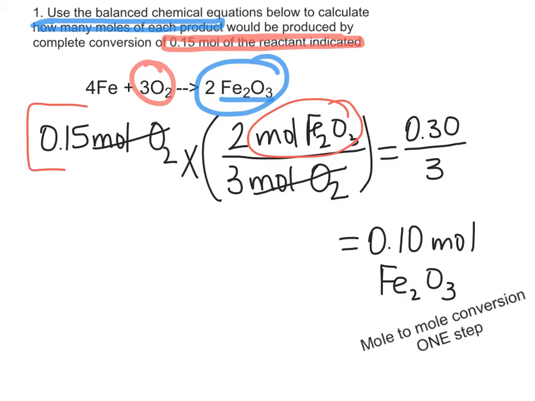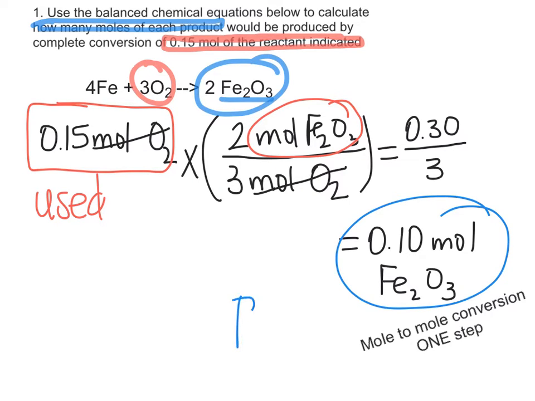Okay, I want to point out something before we move on. Whatever you start with, our given, is what is used in the reaction. Our answer here is what is produced in the reaction. So remember I told you guys that chemical reactions are like recipes. Whatever you have in the reactants, those are your ingredients.